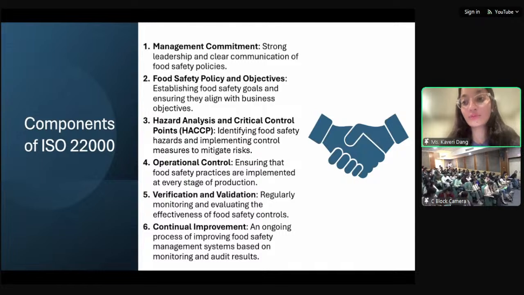We are validating our food safety controls. And the last one is continual improvement. Continual improvement is an ongoing process. We need to make sure at all times that the food safety management systems are working perfectly fine. They're based on monitoring and audit results. So these six are the basic components of ISO 22000, and ISO is the International Organization for Standardization.